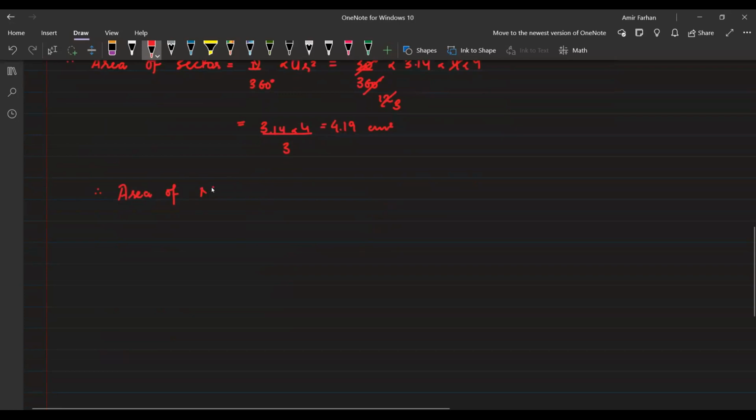So area of major sector, or you can use the area of circle minus area of minor sector. Okay, so it would be much easier.